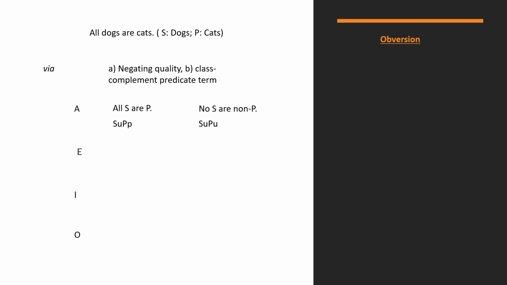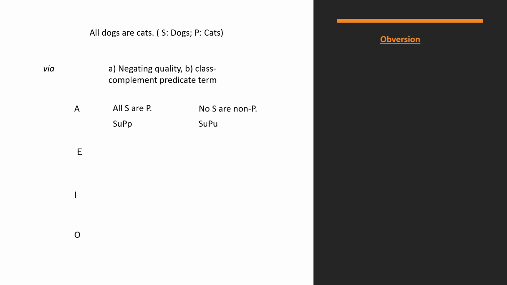Now the quality is A, affirmative. Here it becomes negative, from affirmative to negative. If you negate the quality of A, then you'll get E, right? But you know the quantity remains. So this is universal affirmative. The negation, the opposite of that, is universal negative.